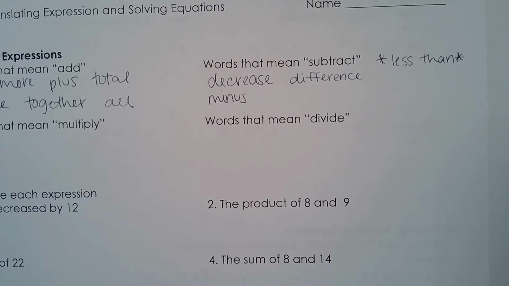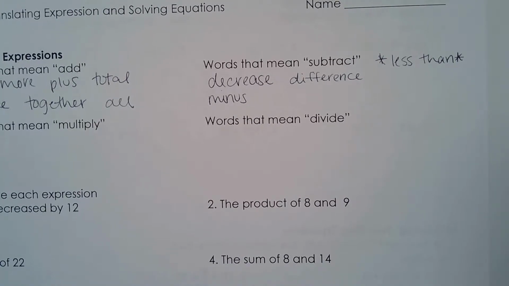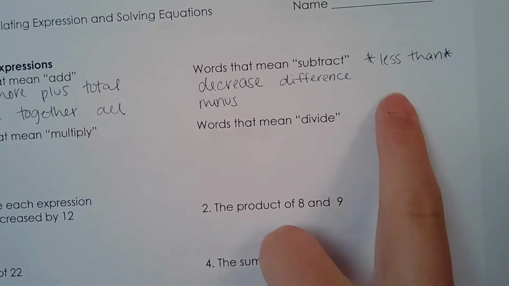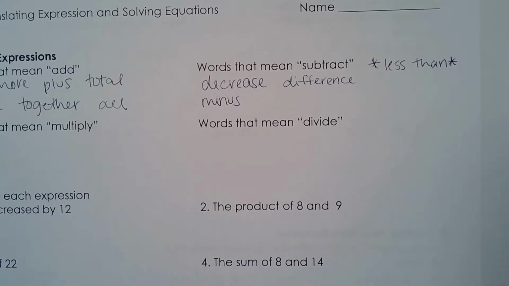So I starred less than because it's a really important one. If I say it's 2 less than a number, what does that mean? It means you do the number minus 2. So what did you do? You switch the order of how we just said that, right? Anytime you see the phrase less than, you've got to flip the order of how they're saying it, okay? So if we wrote 2 less than a number as 2 minus x, is that correct?